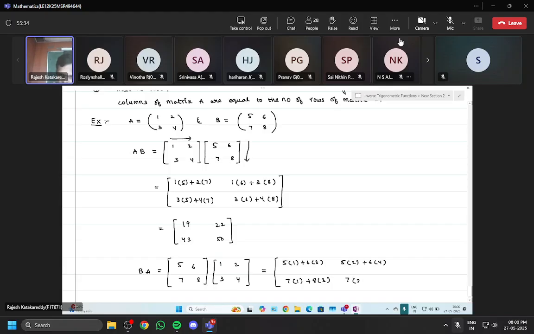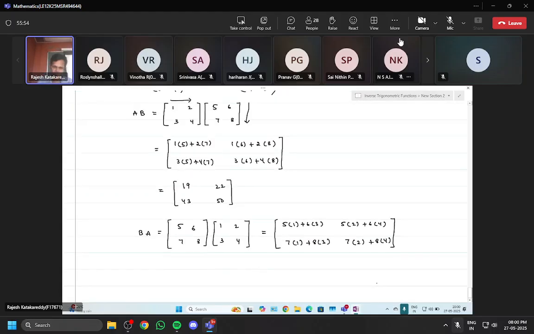Row 2 with column 2: 7 into 2 plus 8 into 4. So this will be equal to 5 plus 18, which is 23; 10 plus 24, which is 34; 7 plus 24, which is 31; 14 plus 32, which is 46.